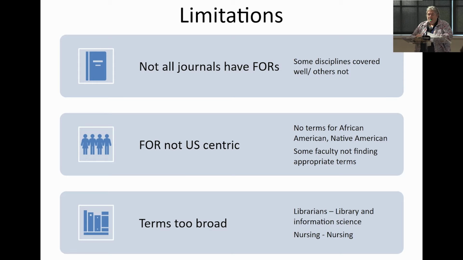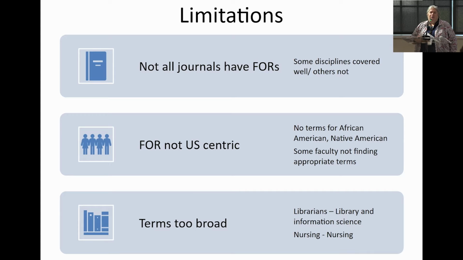But we were noticing some limitations. For example, not all journals are assigned FOR codes, so not all the journals that our authors were writing in had terms that could be assigned to their profiles. The other issue was it wasn't very US-centric. The fields of research is Australian, and it doesn't have terms like African American or Native American.